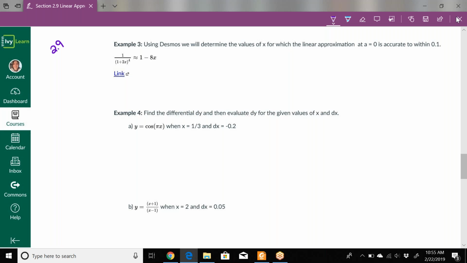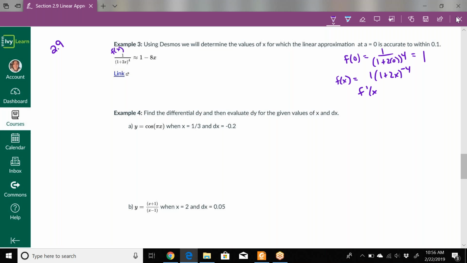So this is the approximation, and you can prove that by taking the derivative. I'll do a proof real quick of how this happens. If you plug in 0 into the function, you'd have 1 over 1 plus 2 times 0 to the 4th, because this is the function we're basing this off of. That would just be 1. Now, if you find the derivative, remember we would want to rewrite f of x as 1 times (1 plus 2x) to the negative 4.